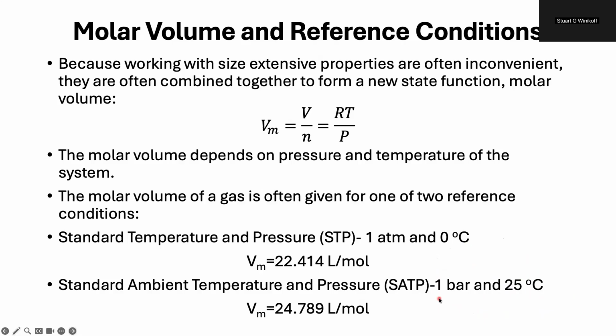So when I often ask for standard temperature and pressure, what I'm really talking about is standard ambient temperature and pressure. And at this point, notice that that extra 25 degrees C and that little bit of difference in pressure does make a difference, as this is about 10% higher than the standard temperature and pressure. But it also shows just how much a gas can expand when you go from freezing to room temperature.